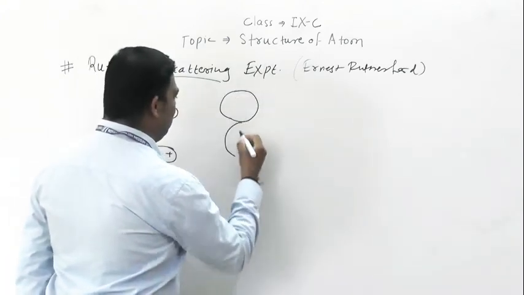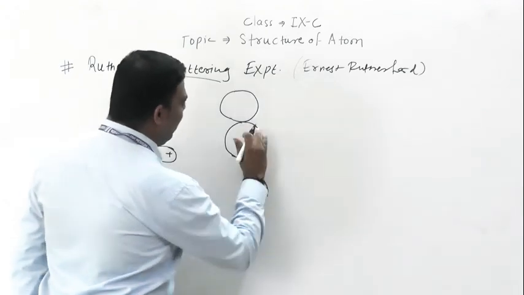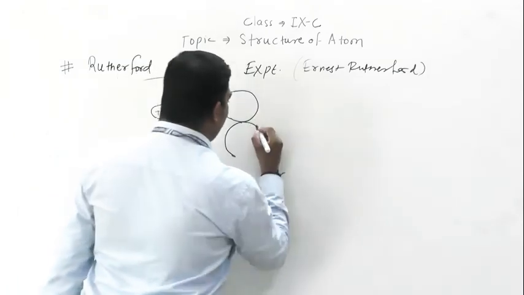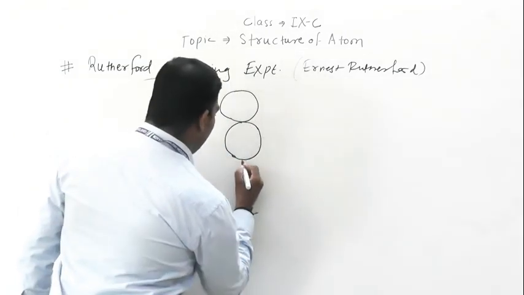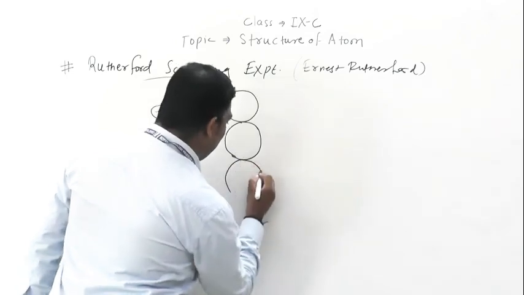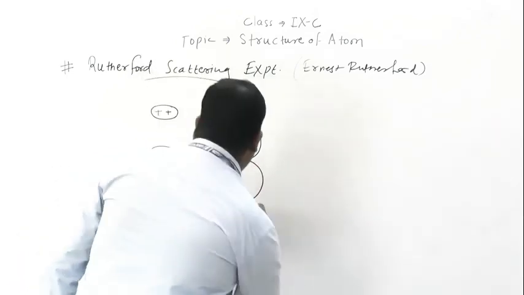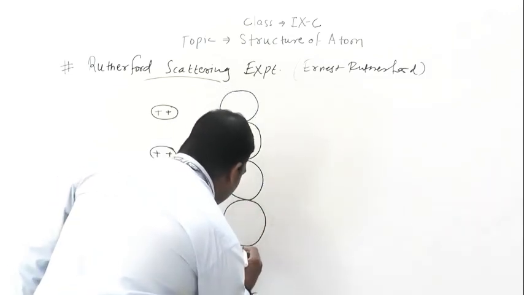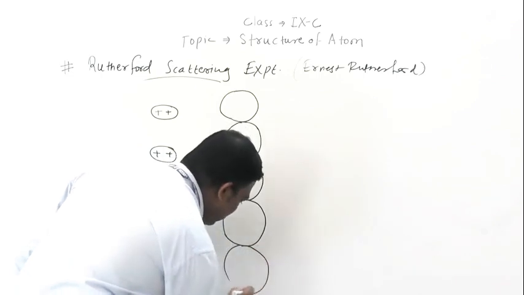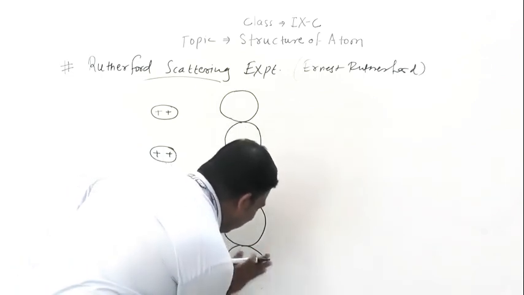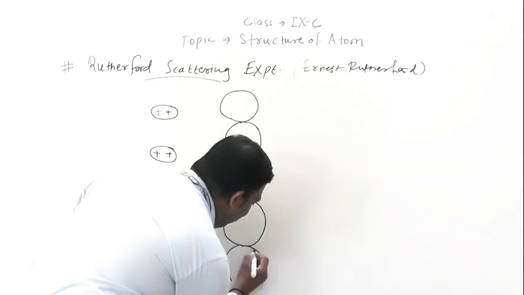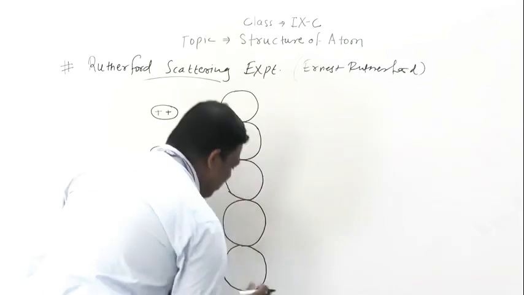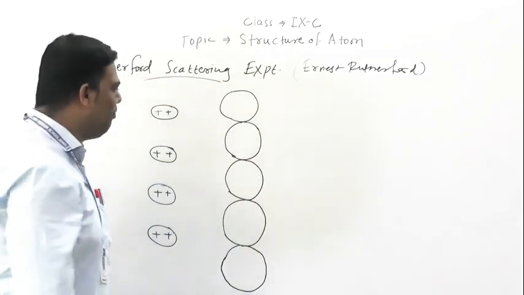You are observing the gold atoms closely packed, because as you know, for metals we define a metallic radius, and metals are closely packed. That's why we are drawing like this.